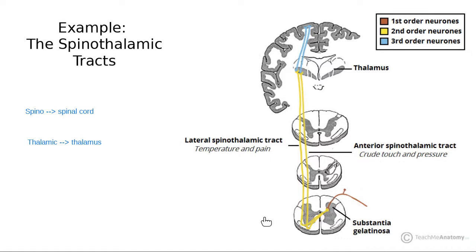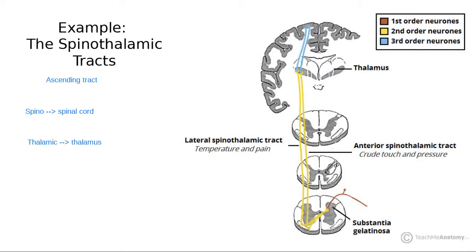I'm going from a lower location to a higher location. Would I say that this is an ascending tract or a descending tract? Yeah, this is going to be an ascending tract.